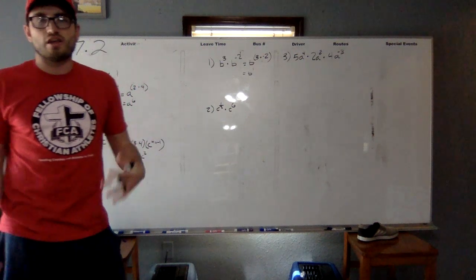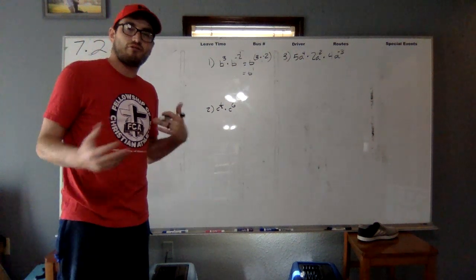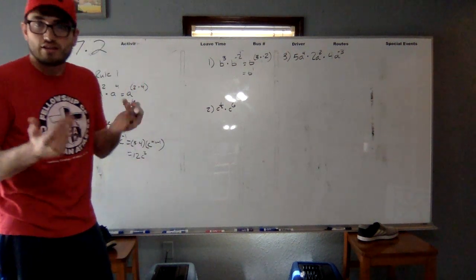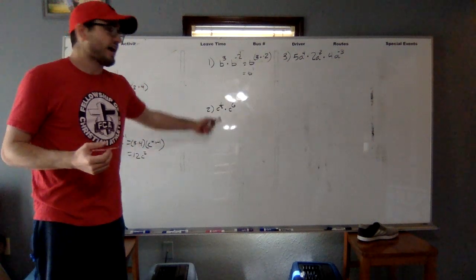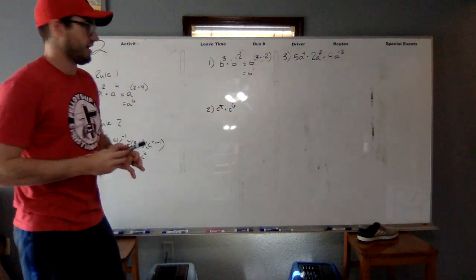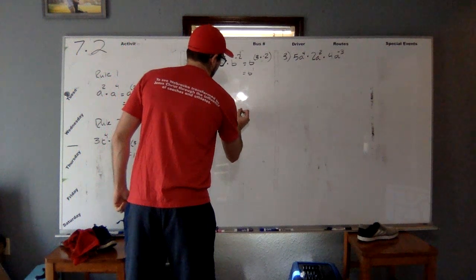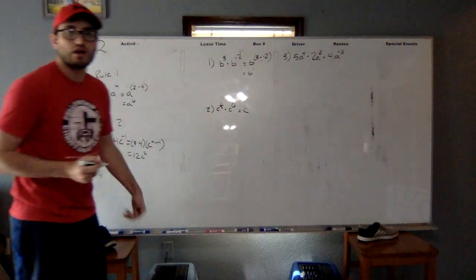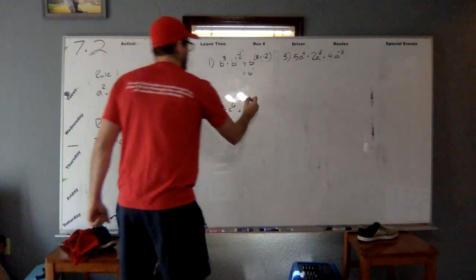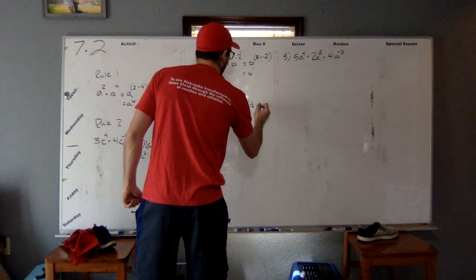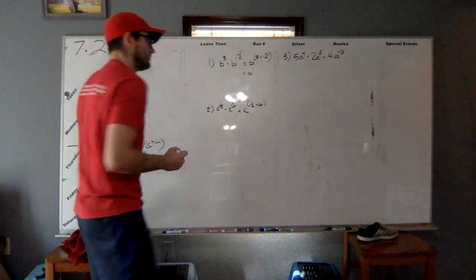Number 2. Now we see something that's very similar. Don't freak out if there's fractions in there. That's okay. I'm going to follow the exact same rules. I have a like base, which is c, so I'm going to stay with c. And then I'm going to add the exponents, 1/2 plus 6.